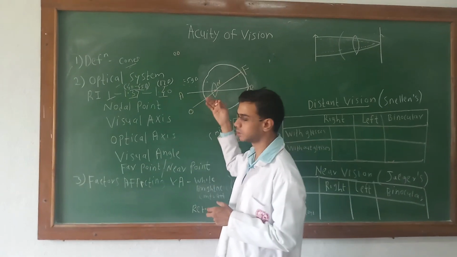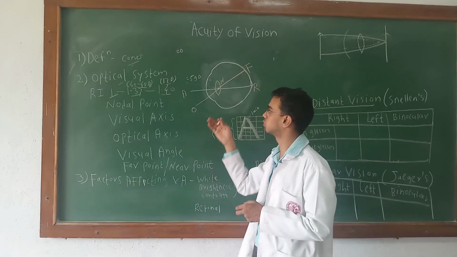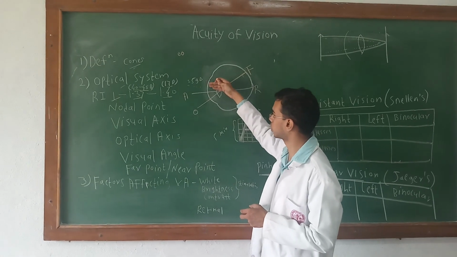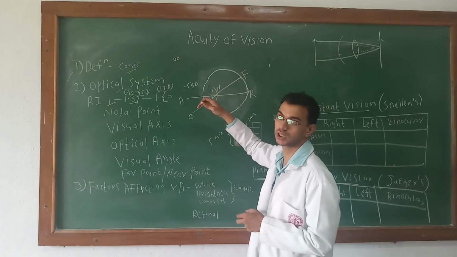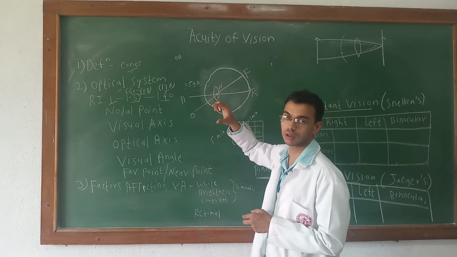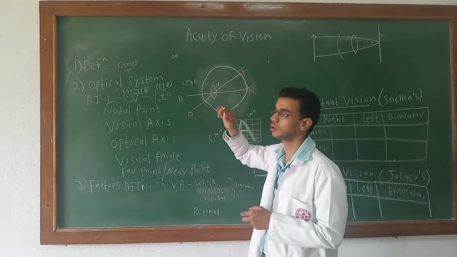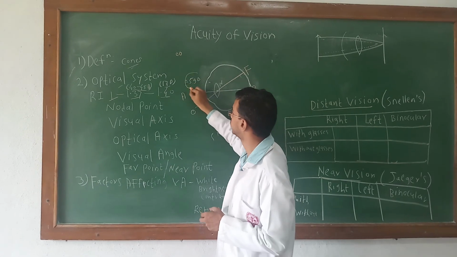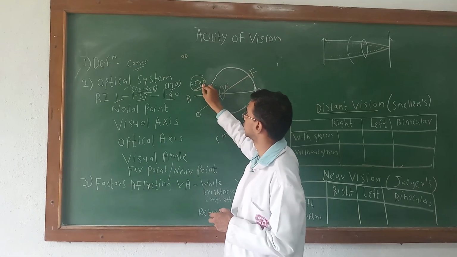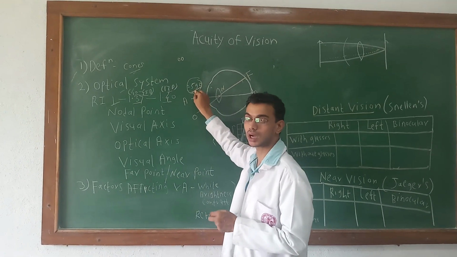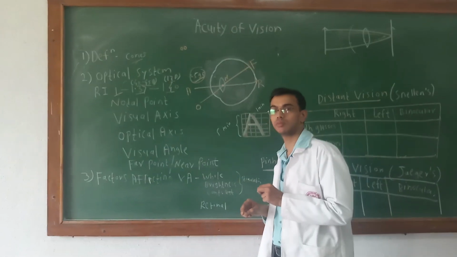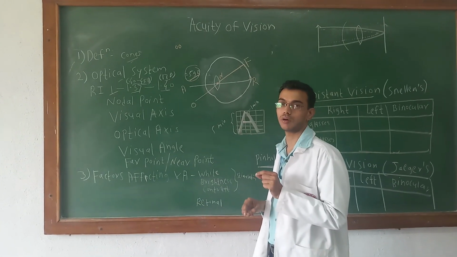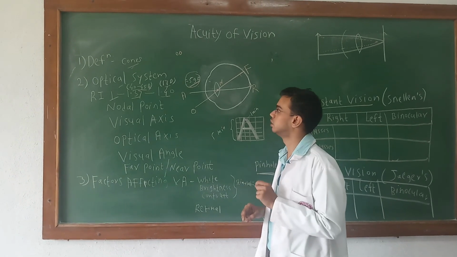When you algebraically sum up all these refractive media, cornea, lens, aqueous humor and vitreous humor, the combined refractive power is around 59 diopters. This is also called the reduced eye or schematic eye.